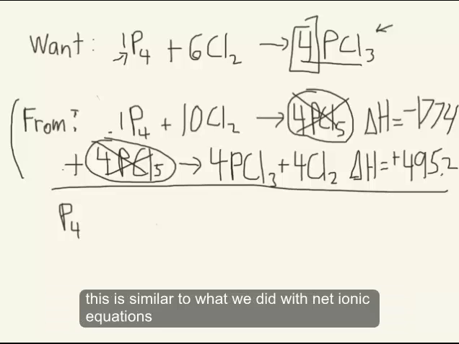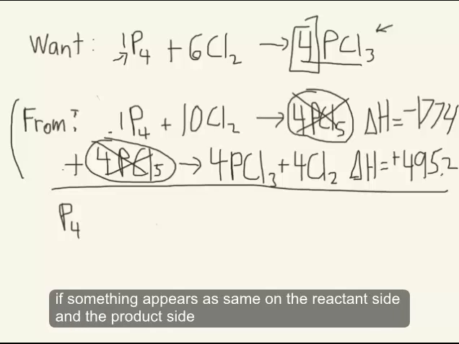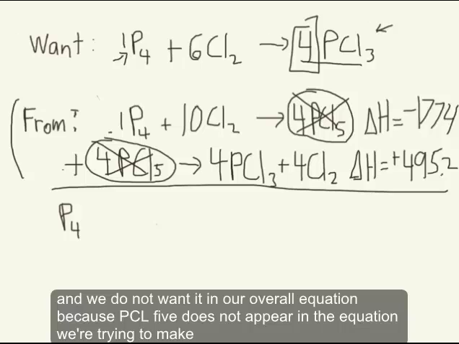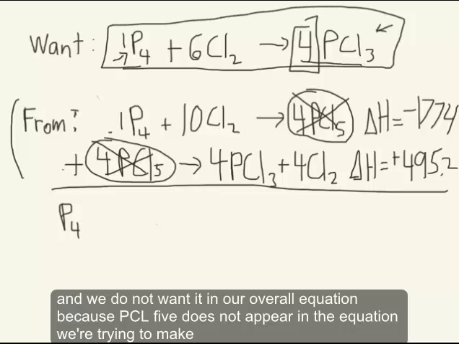This is similar to what we did with net ionic equations. So if something appears as the same on the reactant side and the product side, we don't have to put it in our overall equation. And we don't want it in our overall equation because PCl5 does not appear in the equation we're trying to make.